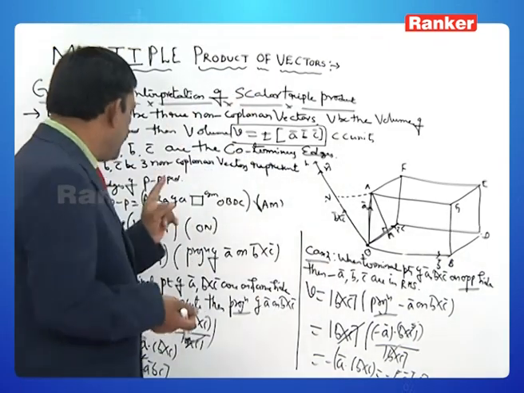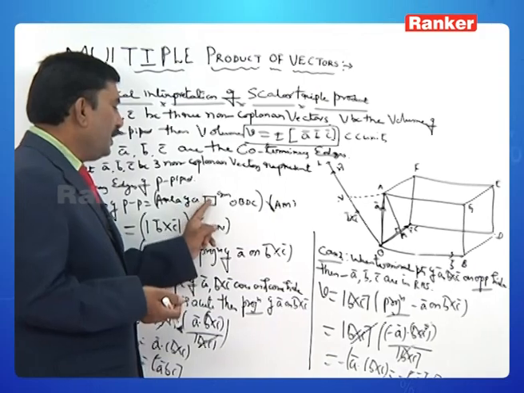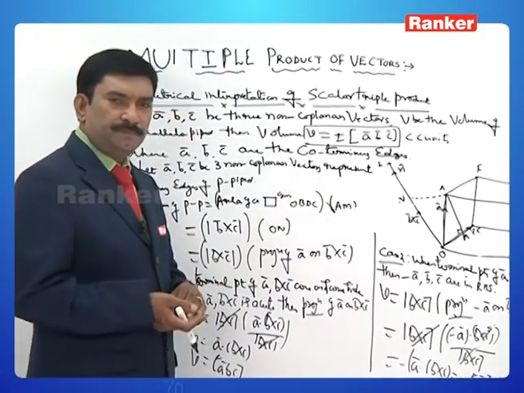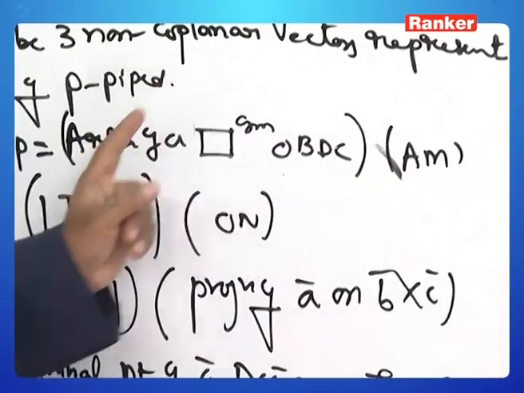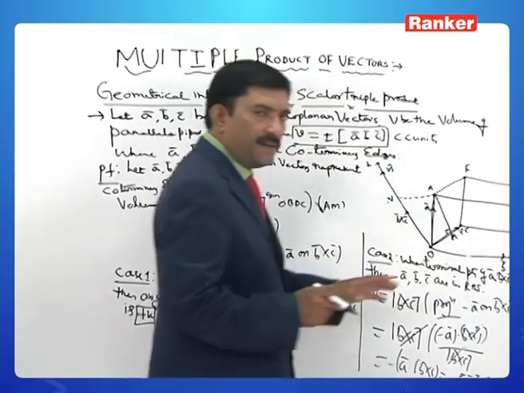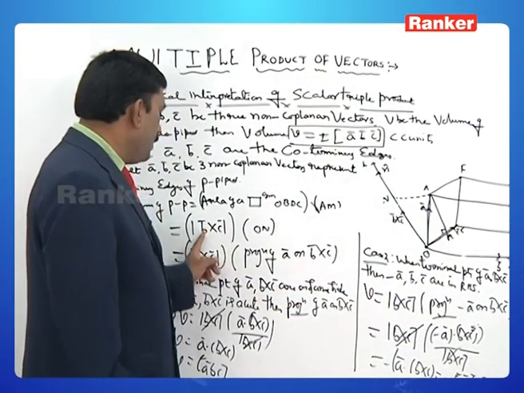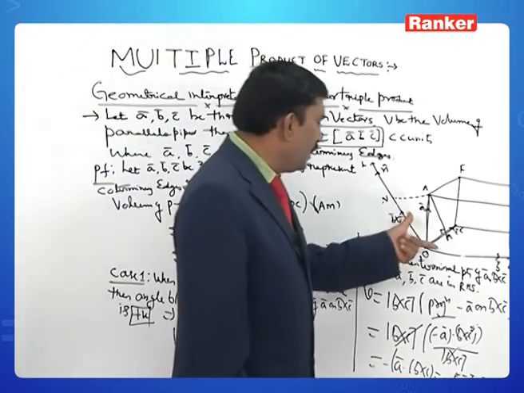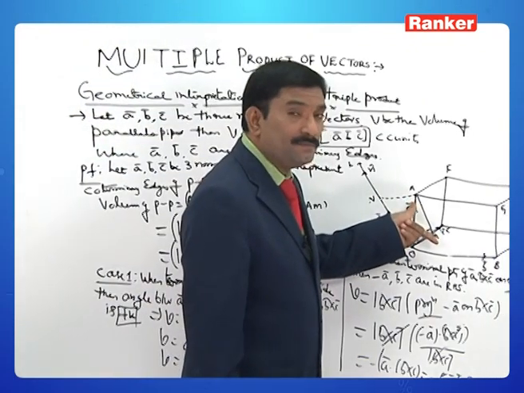So now I can write volume V is equal to the area of parallelogram OBDC into AM. What is the area of a parallelogram with adjacent sides B bar and C bar? It's given by modulus of B cross C into ON. This ON is nothing but AM.